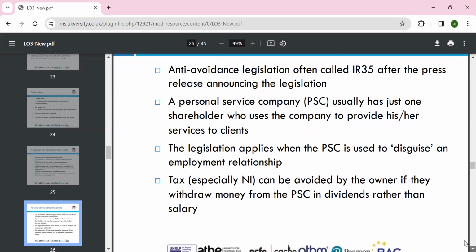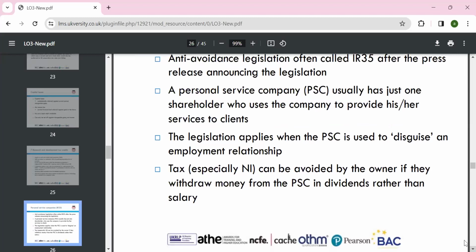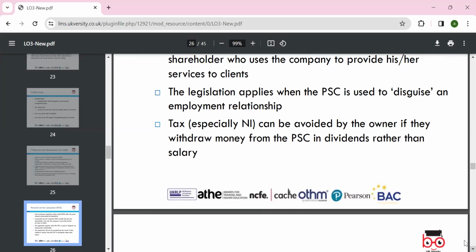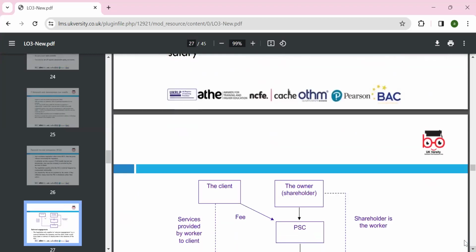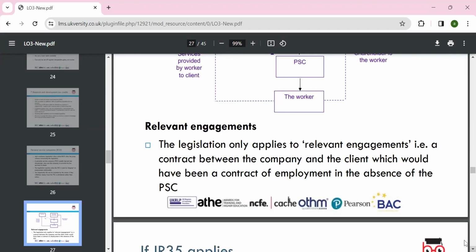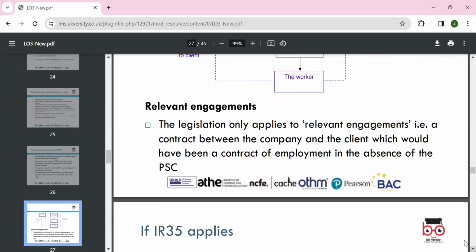The legislation applied to a PSC looks at the employment relationship, whether employed or self-employed, and there are a lot of issues within this. Okay, the client, the owner of the PSC, the shareholder, the worker, and the relevant engagement.